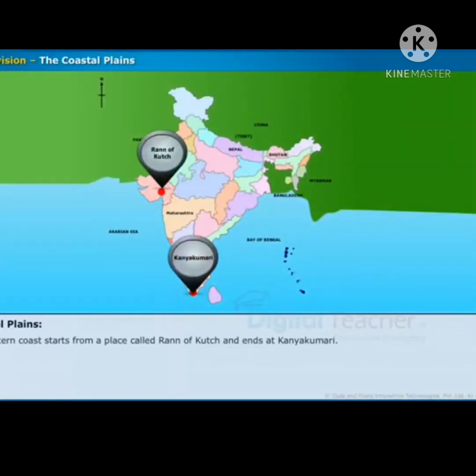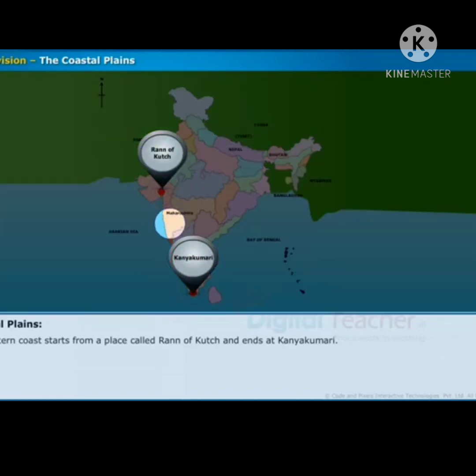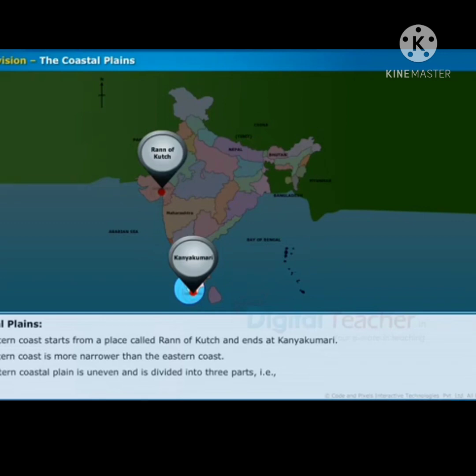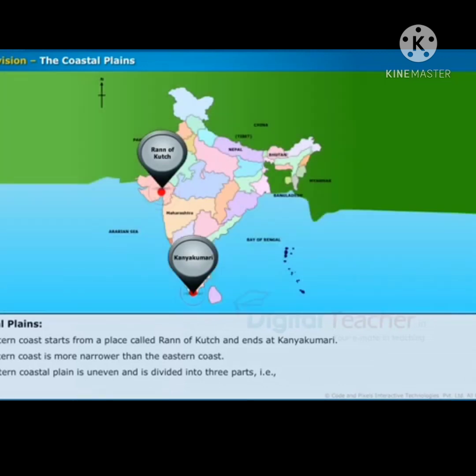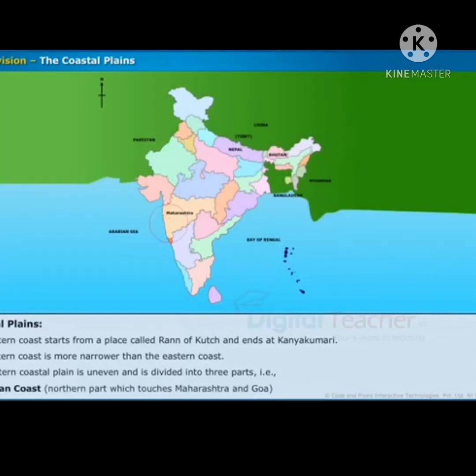The western coast starts from the Rann of Kutch and ends at Kanyakumari. The western coastal plains are narrower than the east coast. These plains are uneven and broken by hilly terrain.